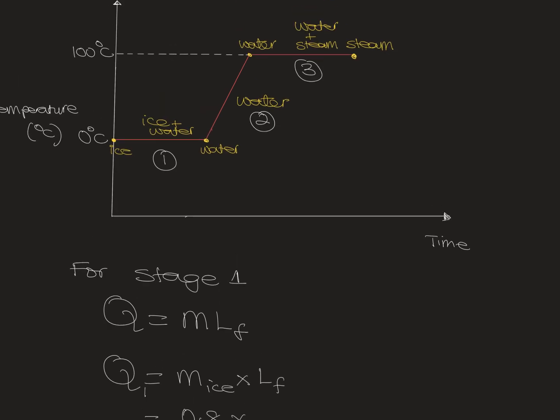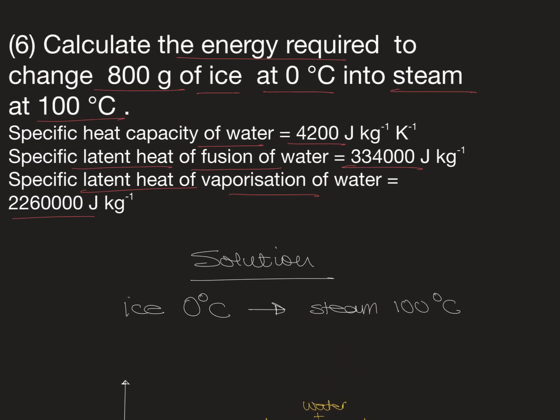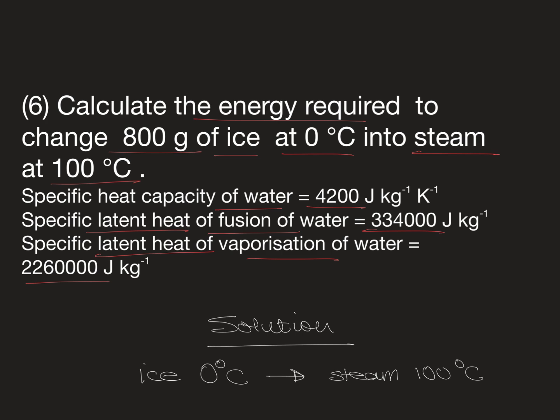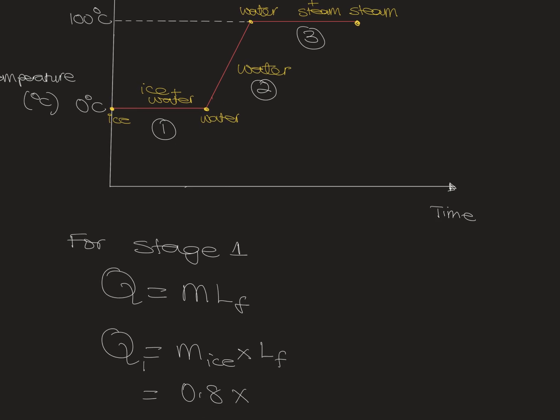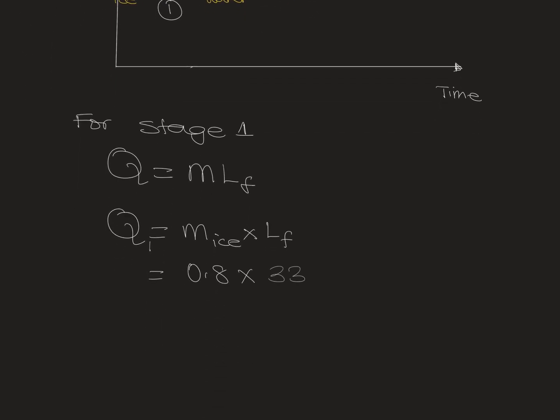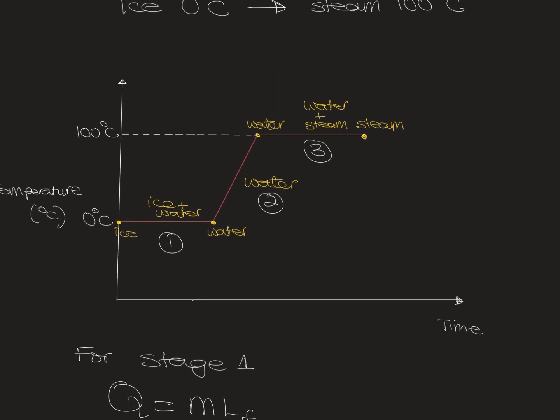Multiply this by the specific latent heat of fusion of water, 334,000 joules per kilogram. So 0.8 times 334,000 is 267,200 joules.